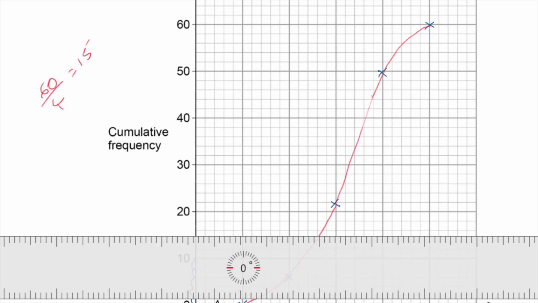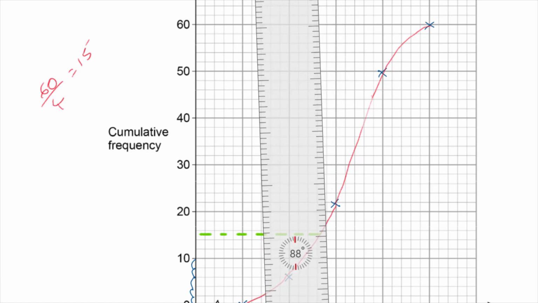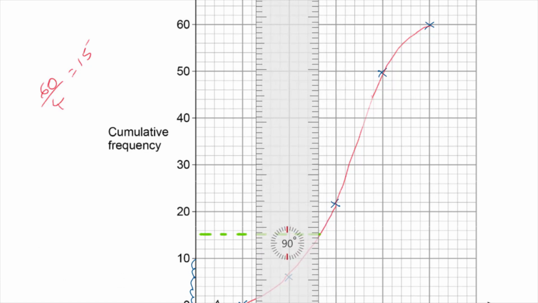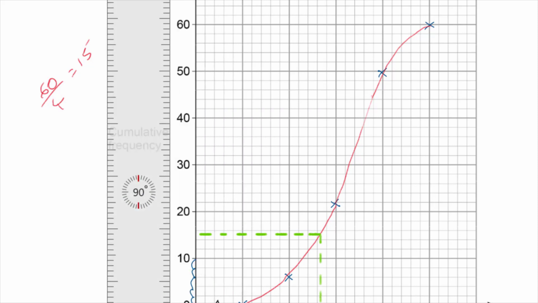So drawing across from 15 until I hit my curve and then draw down. Should give me my lower quartile. So it should be there.